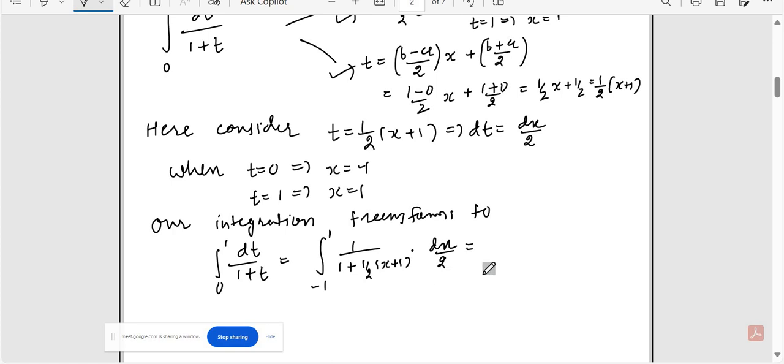Now do some simplification here. If you see here, that will be minus 1 to 1, dx is on the upper side, then divided by, what do we get here?